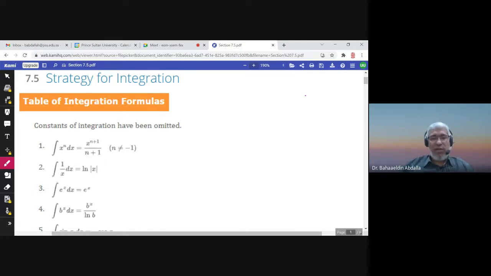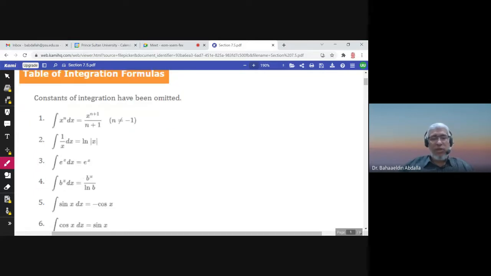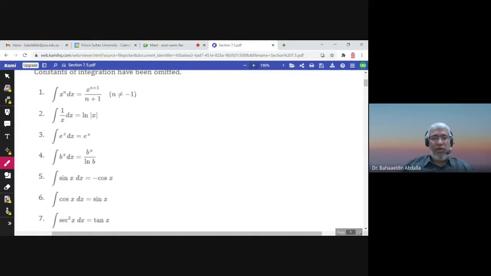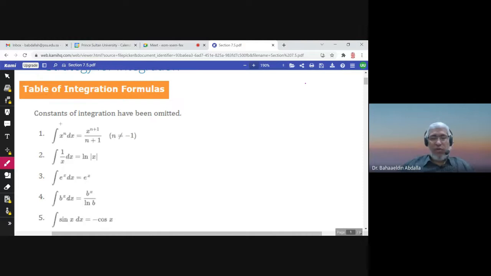So let us remind ourselves with the rules of integration we studied before. So these are formulas we studied to find integral of x to the power n. And of course, we also said that you can write this formula replacing x by ax plus b.